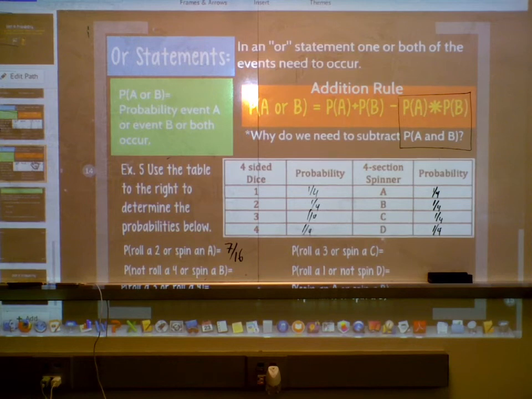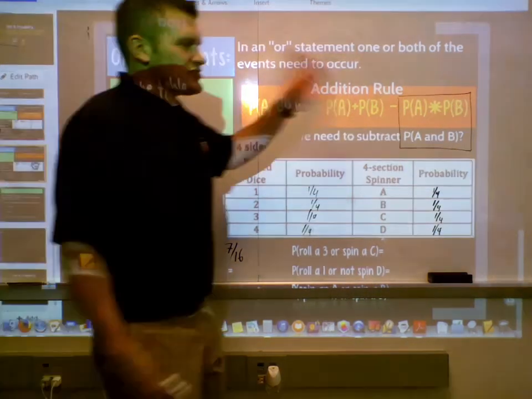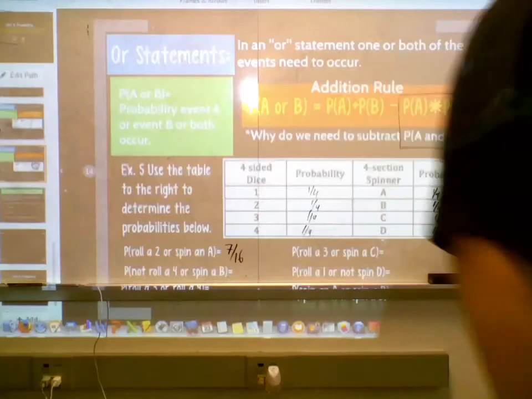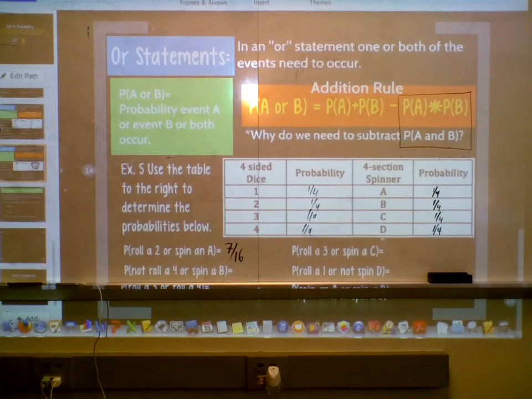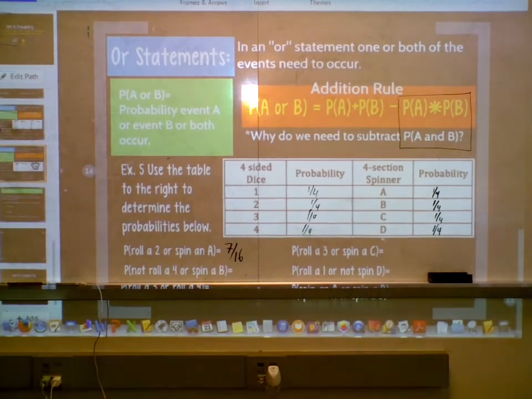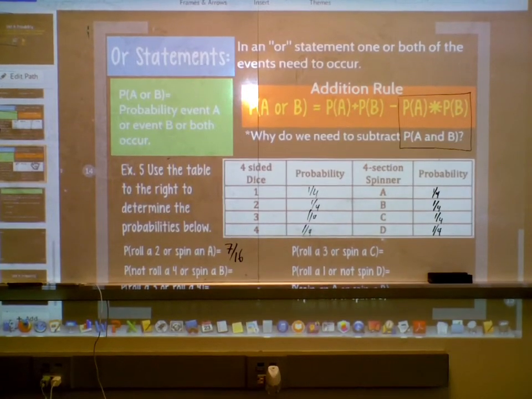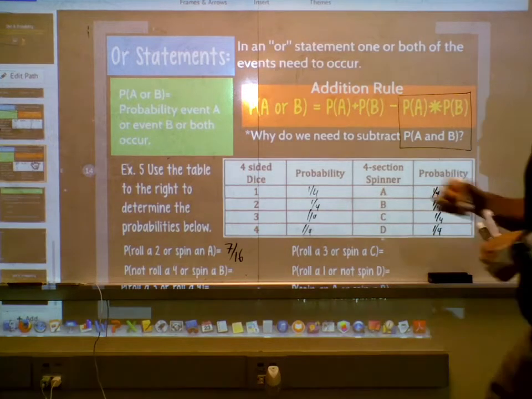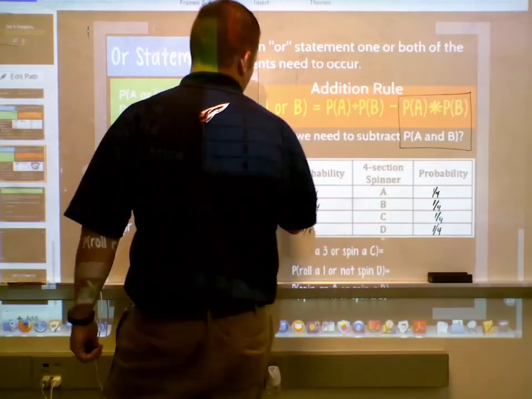Because you have to get rid of it. Yeah, we have to get rid of it. You already counted one. Good! We have to subtract the and, so that way we don't count the same event twice. That's why I put a star in that box, because that event could be counted twice. Right? I don't want to count an event twice, so we subtract the and. So why do we need to subtract the and?